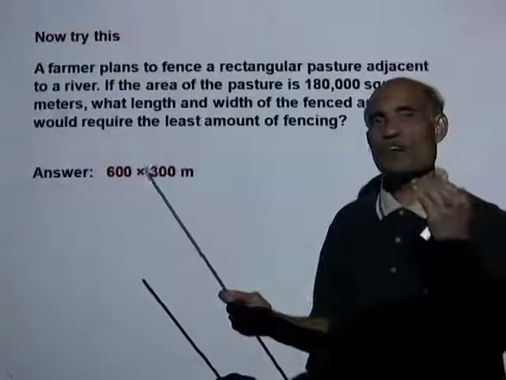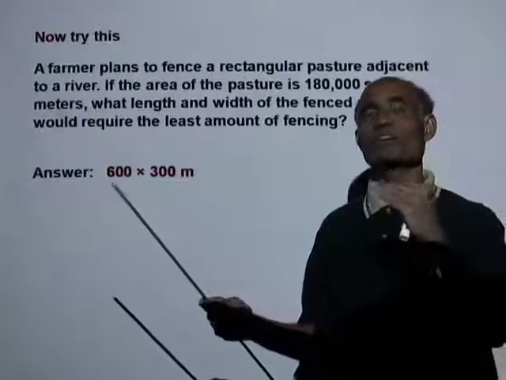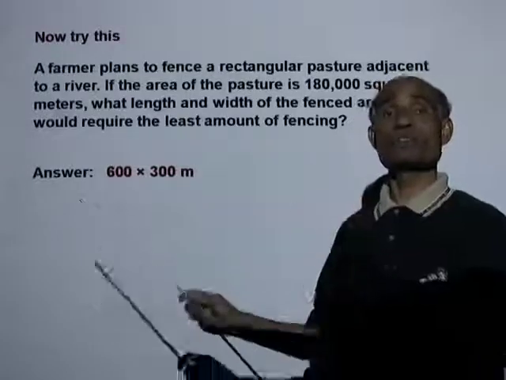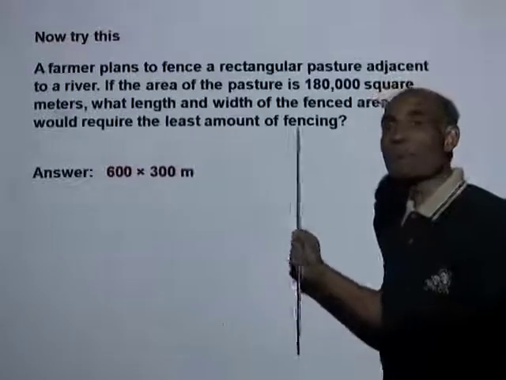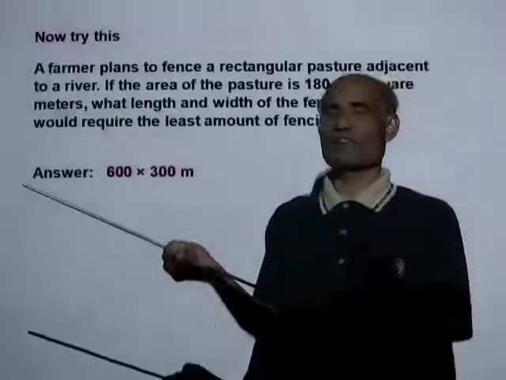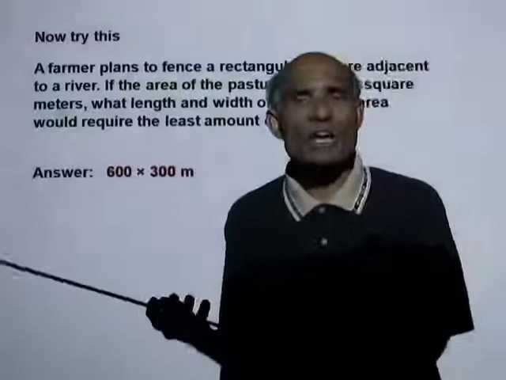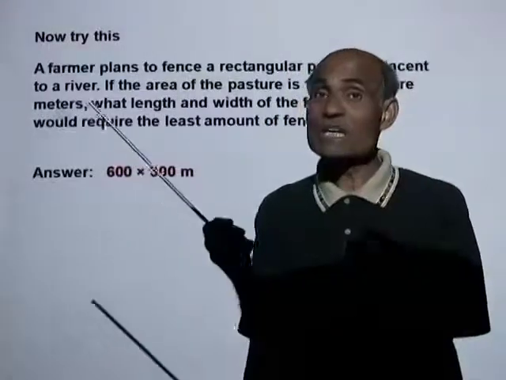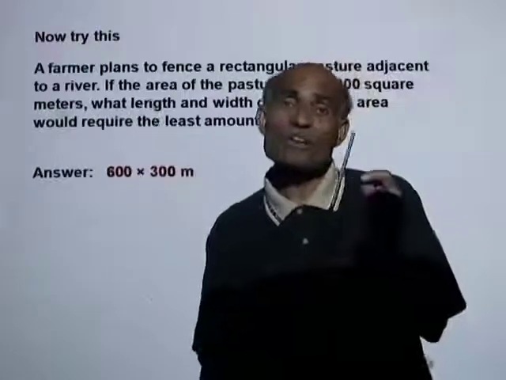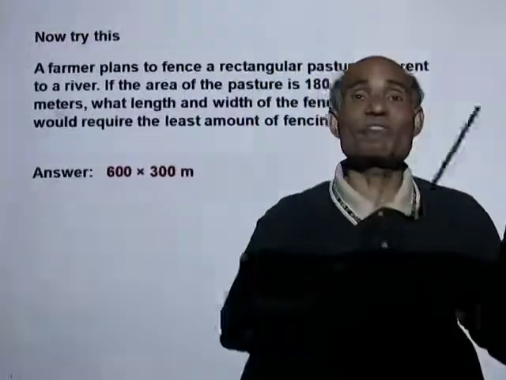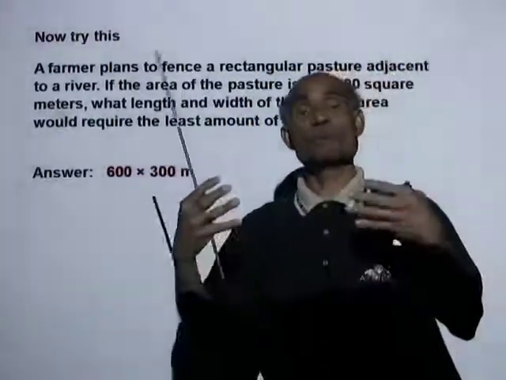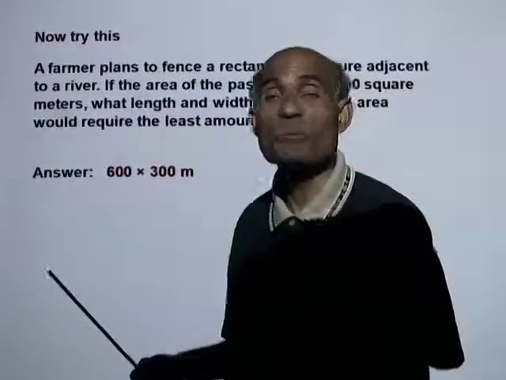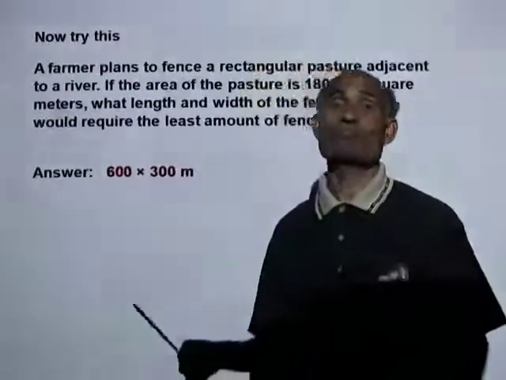That means you've got to have variables representing the length and width. Requires the least amount of fencing. What are we talking about here? Are we talking about area or perimeter? Least amount of fencing means the least length of fencing. So you've got to optimize the perimeter of the fencing.